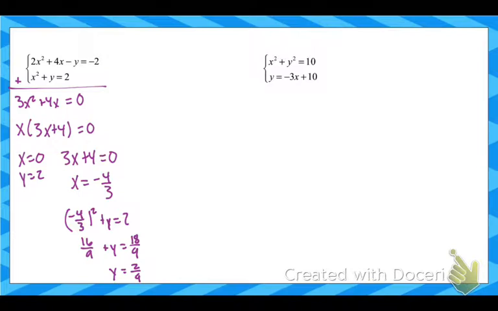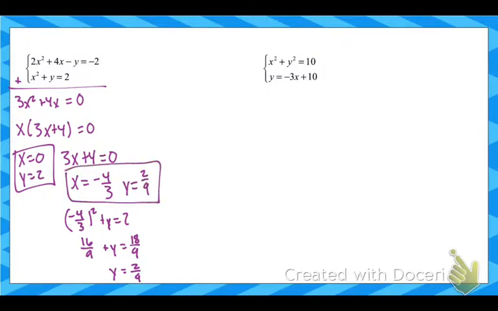What you need to make sure you do, though, in your answers is you make it clear which x goes with which y. Definitively, the answer here, x equals 0, has to go with y equals 2. And x equals negative 4/3 has to go with y equals 2/9, because that's the corresponding y that goes with that x. So again, it's probably a good idea to write them as an ordered pair, because that makes it clear which x goes with which y.